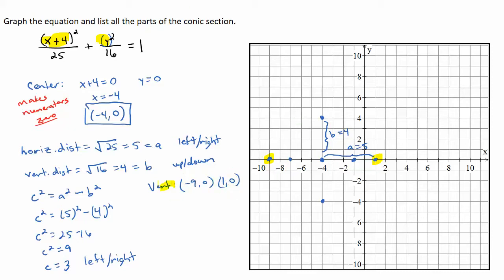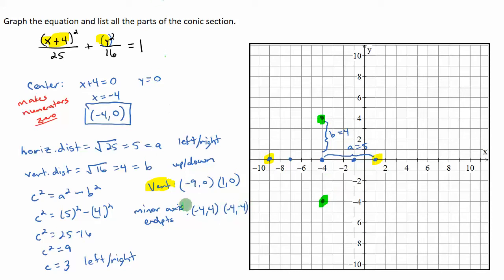So those are the points in yellow. The points above and below, those are the endpoints of my minor axis. So my minor axis endpoints, this guy here is -4, +4. And this guy down here is -4, -4.